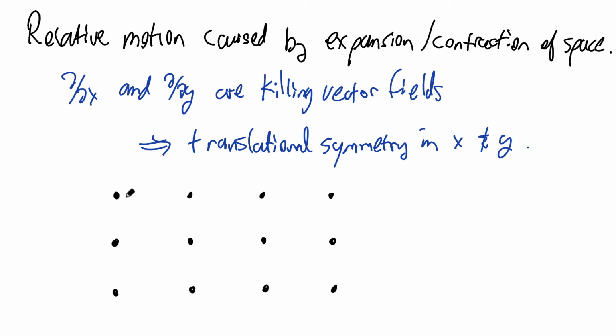A passing gravitational wave will first cause space to expand in the x direction. So all of these distances increase.